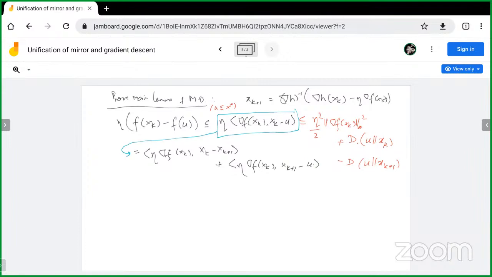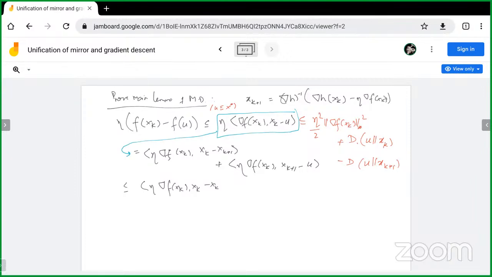Let's use the first term. Now the second quantity I want to bound using my iteration.